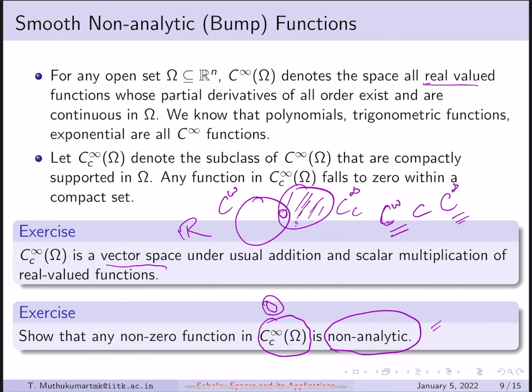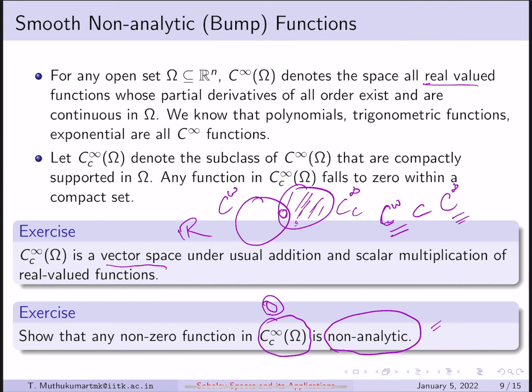You cannot very easily obtain an example because most of the examples that you can imagine are functions which are analytic. So if you have to look for elements of this class, you have to go outside the class of analytic functions, a non-trivial example.